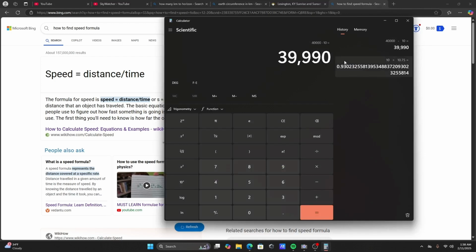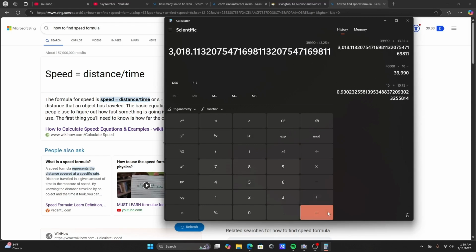So here's our distance divided by 13 and a quarter hours equals 3,018 kilometers an hour.